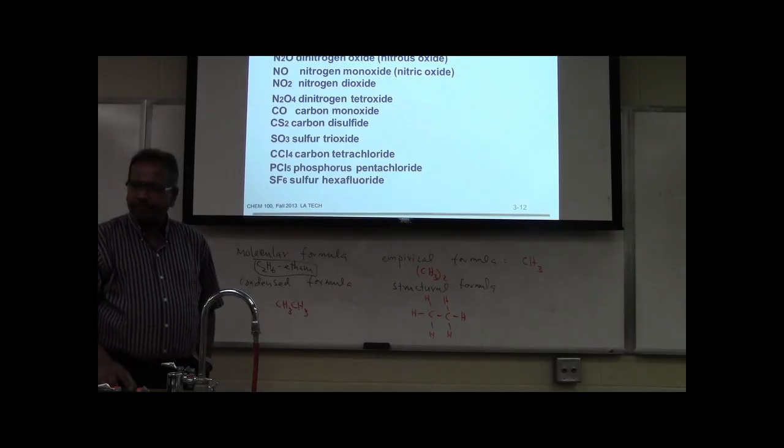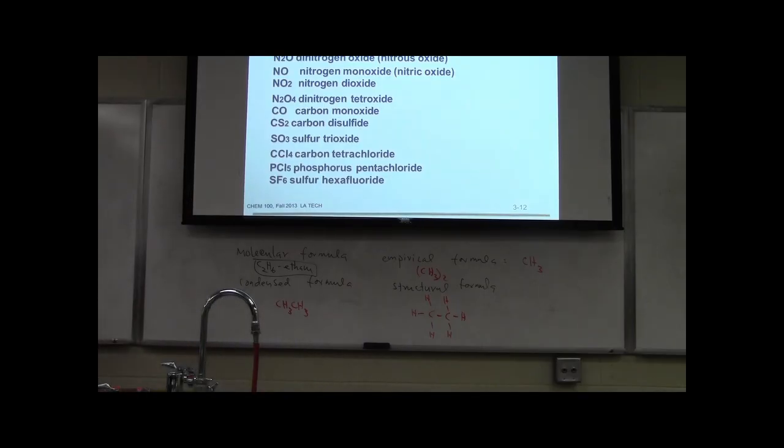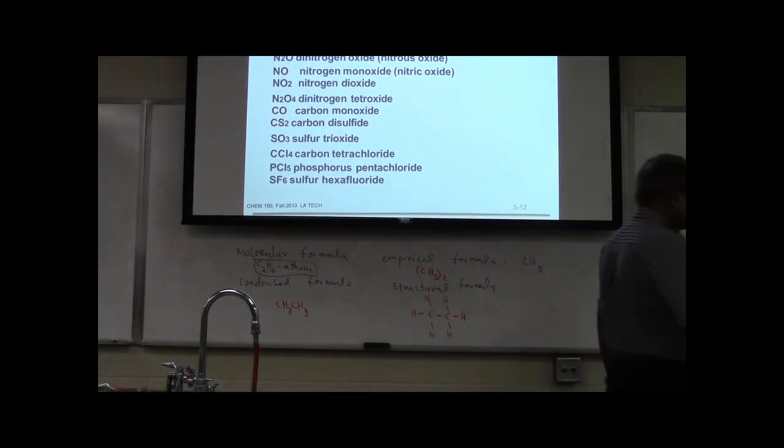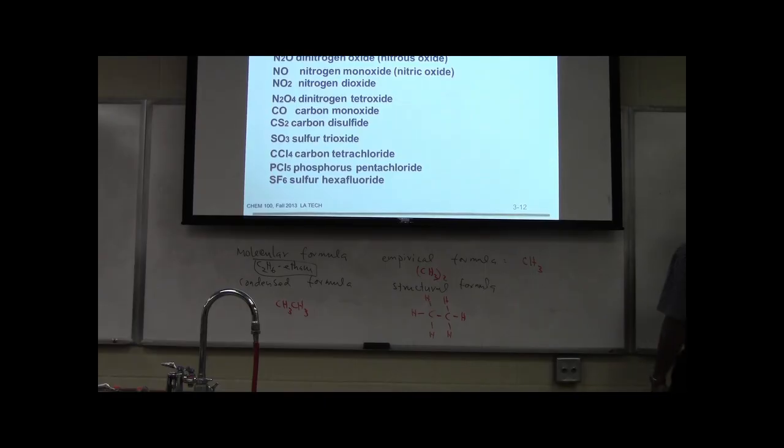Now there's a problem. There are two types of names, systematic and common name. What is this? Systematic is, there's a rule to get the name, okay?